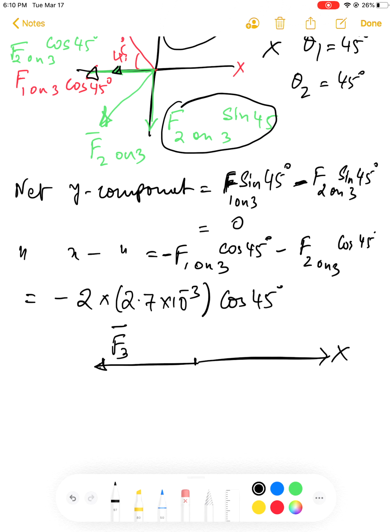And if this is your x-axis, you can even express it in terms of I cap.